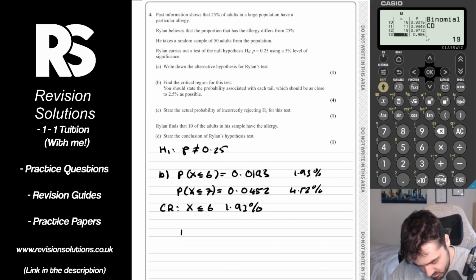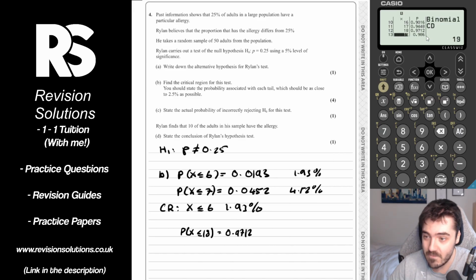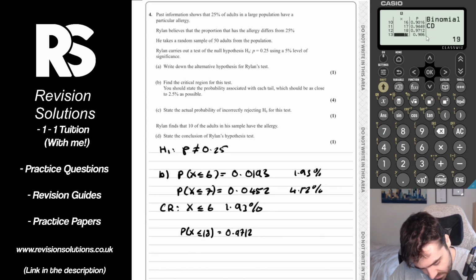So the probability x is less than or equal to 18 is 0.9712. We need to flip that if we're looking for the upper tail. So that would imply the probability x is greater than or equal to 19 is 0.0288.